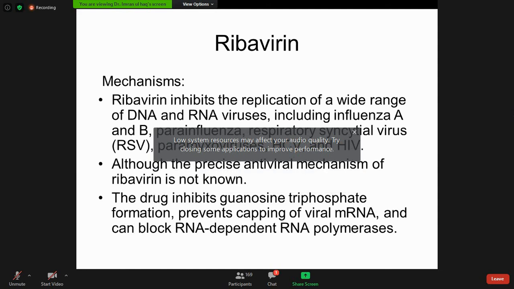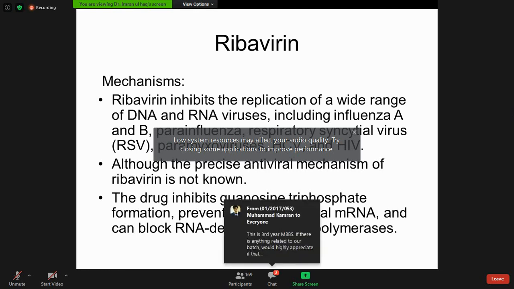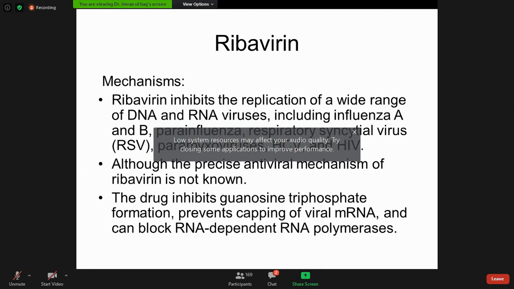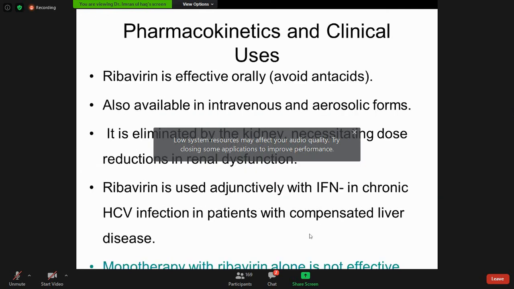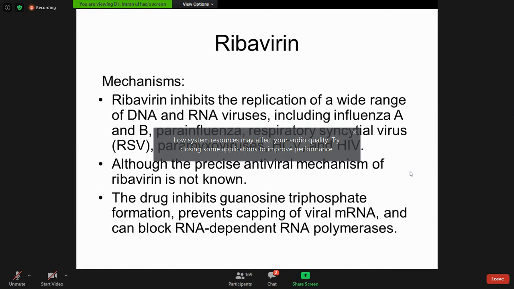Including influenza A and B, parainfluenza, respiratory syncytial virus, paramyxovirus, hepatitis C virus, and as well as in the treatment of HIV, right? Although the precise antiviral mechanism of ribavirin is not known, the drug inhibits guanosine triphosphate formation and prevents capping of viral messenger RNA and can block RNA-dependent RNA polymerase.